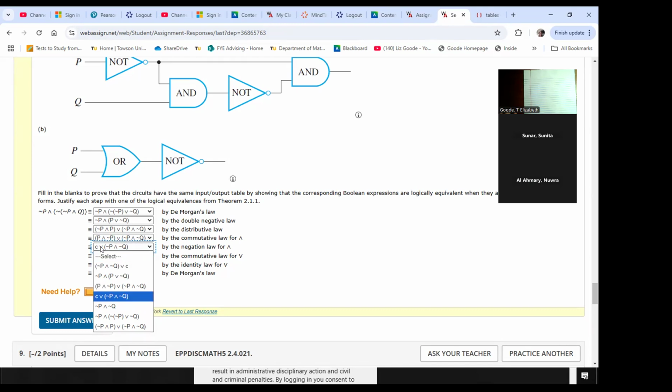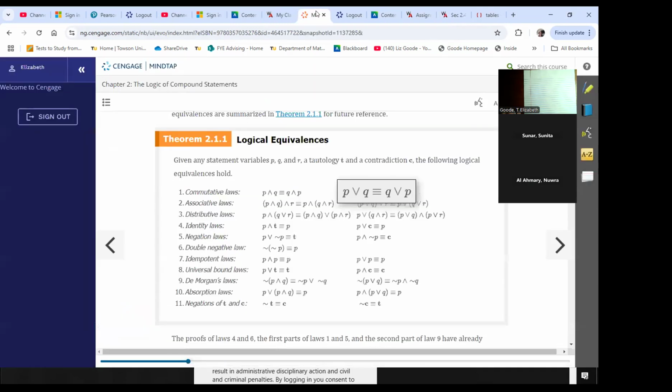See the or operator in there? There's the or right there. Which ones would we choose? Look at the commutative law again.